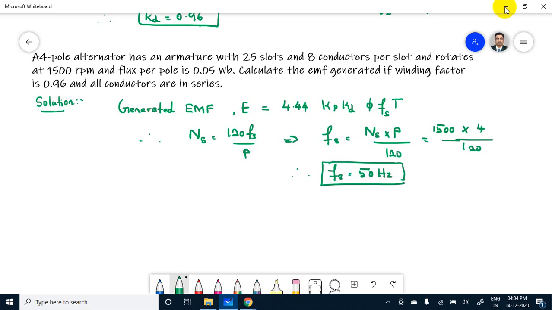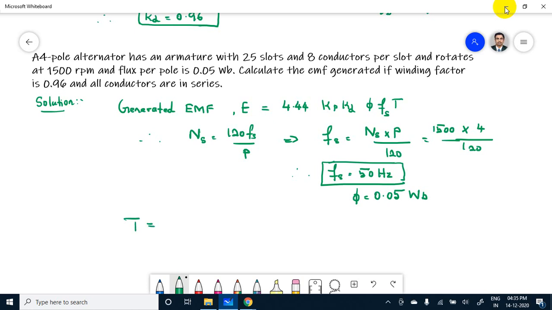Next, now as per the question, frequency is calculated, number of turns you don't know, but flux we know. It is in the question. Flux per pole is 0.05 Weber. Okay, in the question itself the flux is given, flux equal to 0.05 Weber. Now you don't know the turns, number of turns. So how to calculate number of turns?